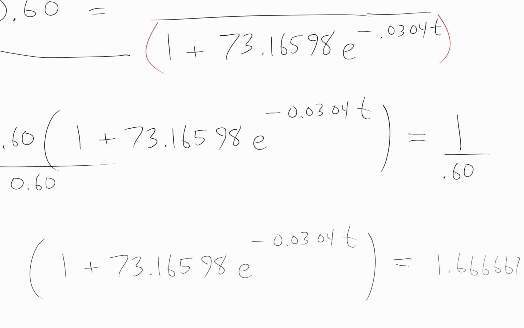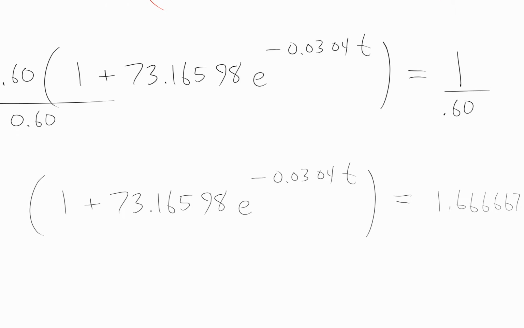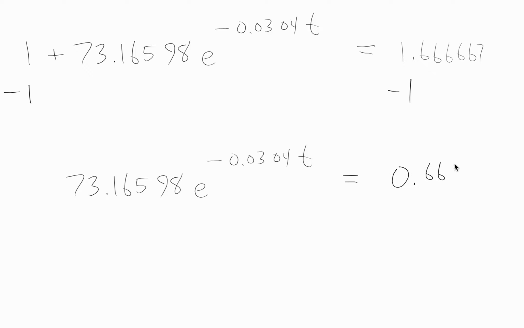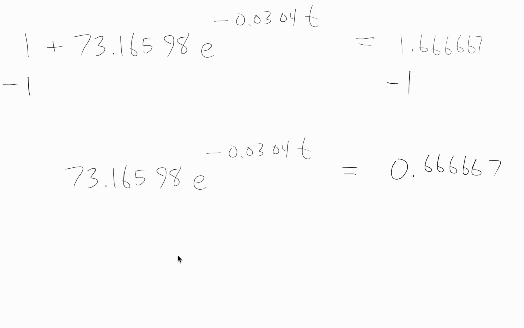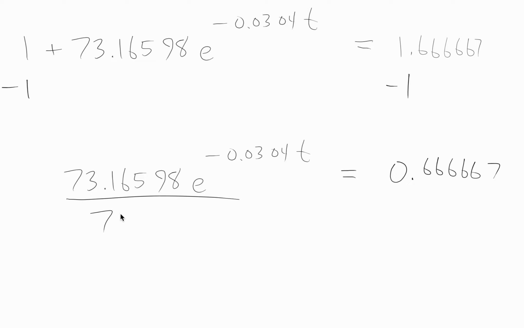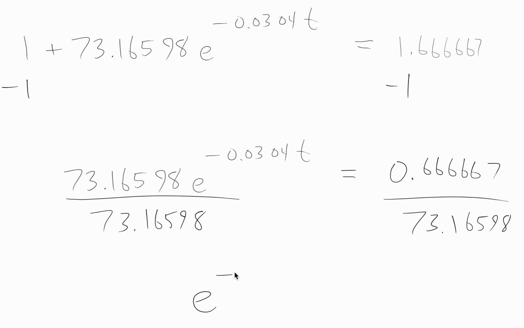Okay, then the parentheses are alone on a side, so they could go away. You'd now subtract 1. Divide by 73. I get 0.009.